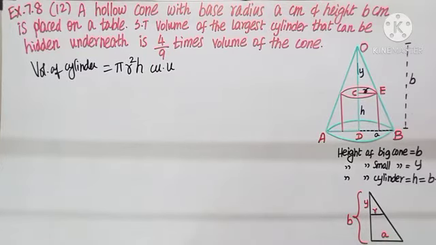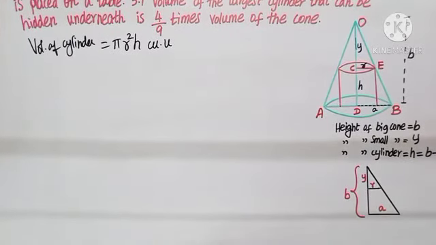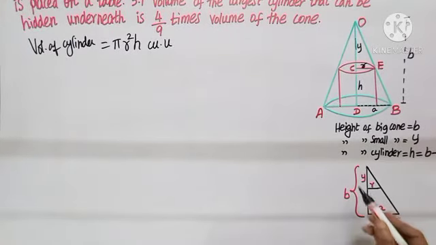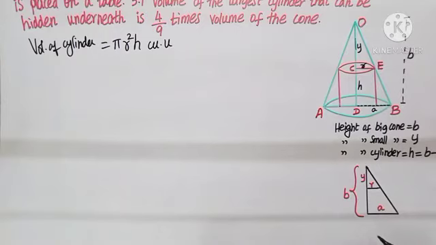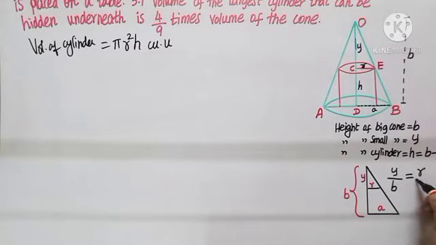What is the connection between the small triangle and the big triangle? We can say this height y divided by the big height b equals this radius, that is small r, divided by the big radius, say A. Two triangles are similar, we can compare.